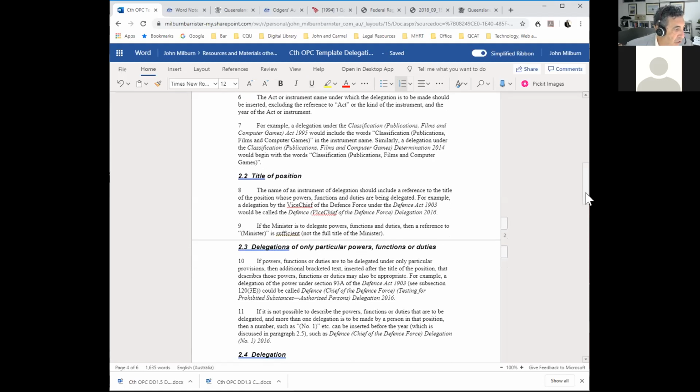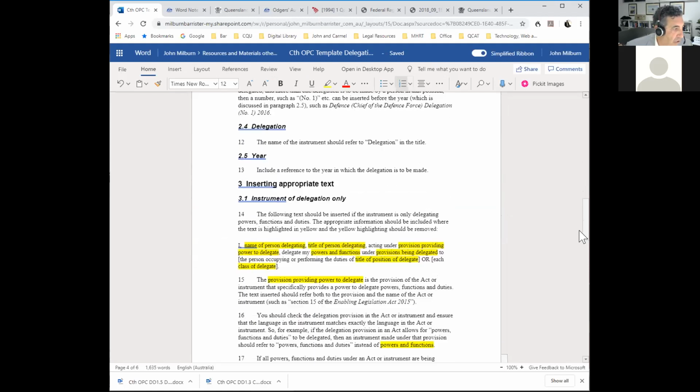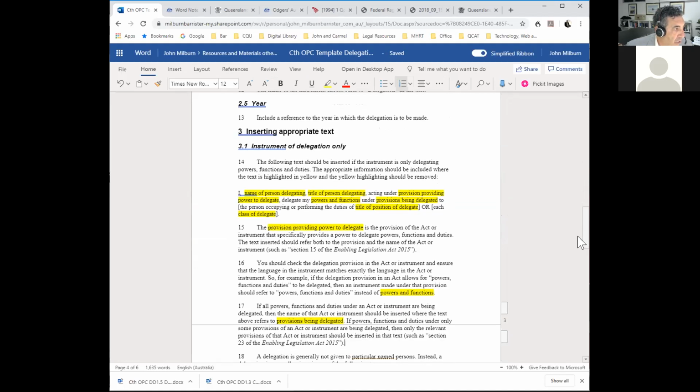When you're looking at this precedent, pay particular note to parts 3.1 and 3.2. So 3.1 provides for the instrument of delegation, and you'll see there that the text should be inserted if delegating powers, functions and duties.